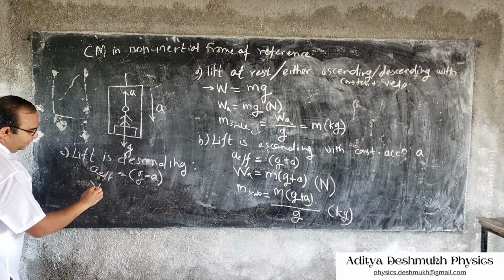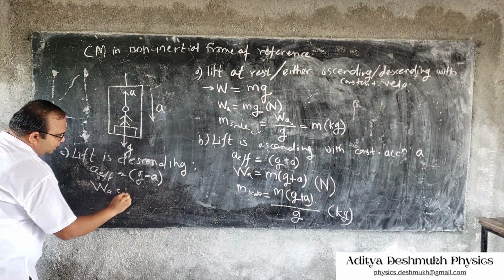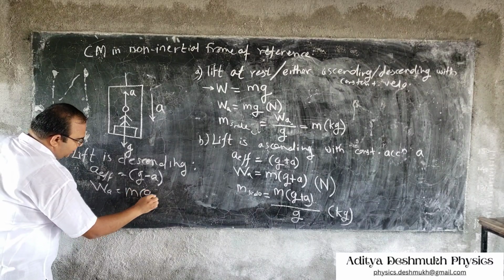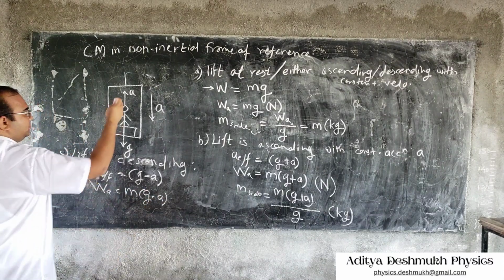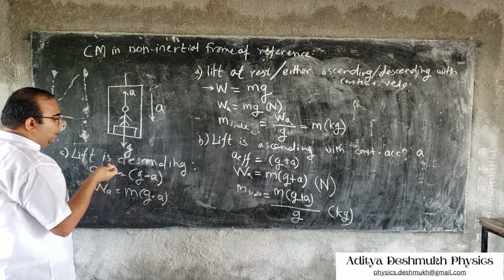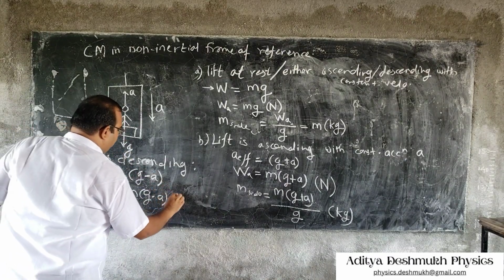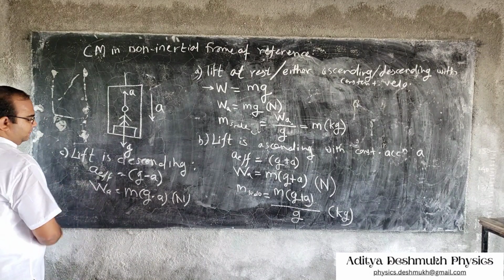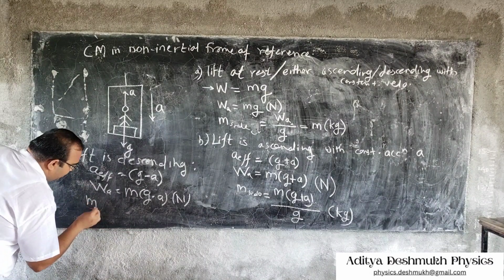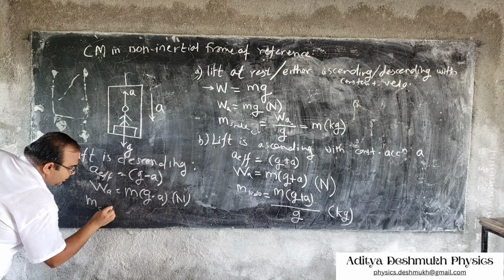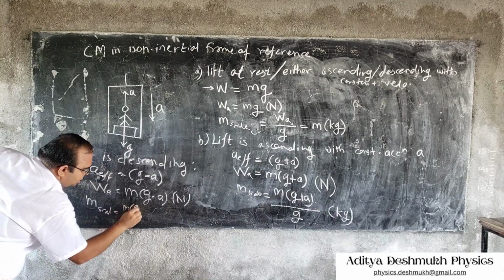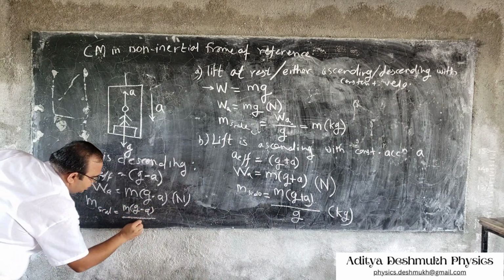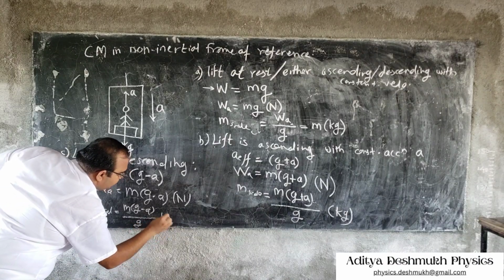So what will be my apparent weight? m into g minus a. Because of this minus a, we are able to apply Newton's law. That's why we can use this equation. So what will be the reading on the scale? m into g minus a upon g kg.